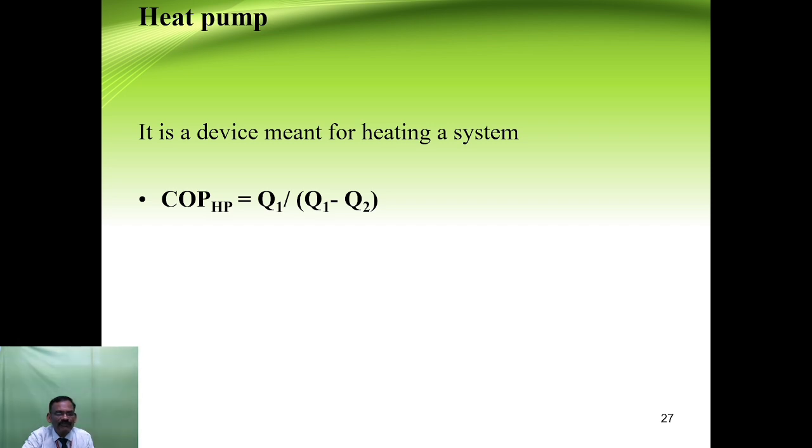In the COP of a refrigerator, the numerator is Q2, the lower heat energy. In the COP of a heat pump, the numerator is Q1, because here we need the higher heat energy, the output Q1. Otherwise, both formulas have almost similar characters.